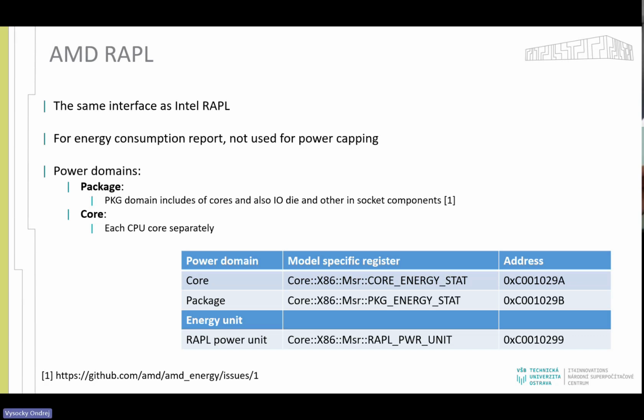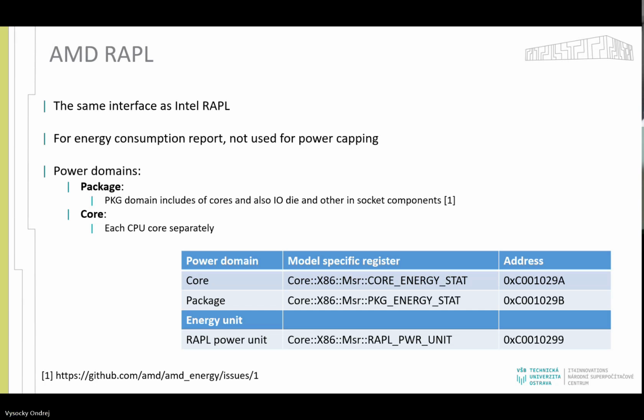So in this case, we have two power domains, package and core. You can also see that the addresses and names are a little bit different, but the interface, how it looks to the registers and the sysfs interface, is similar to the Intel ones.